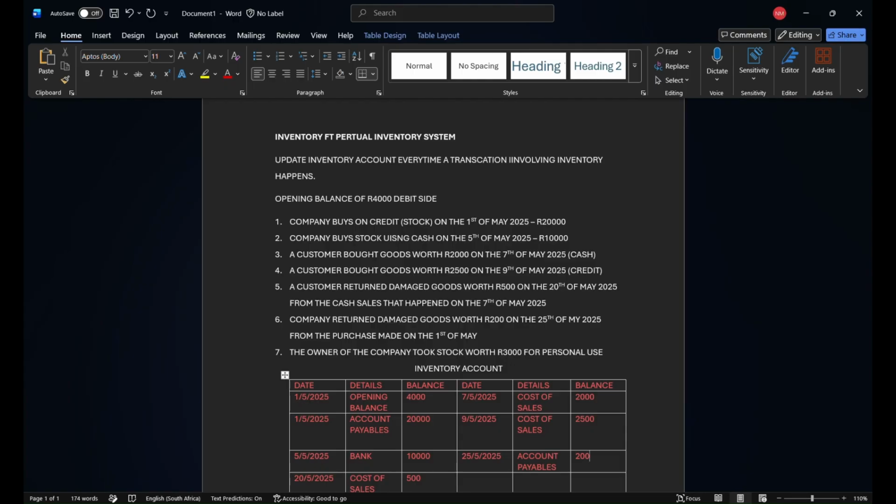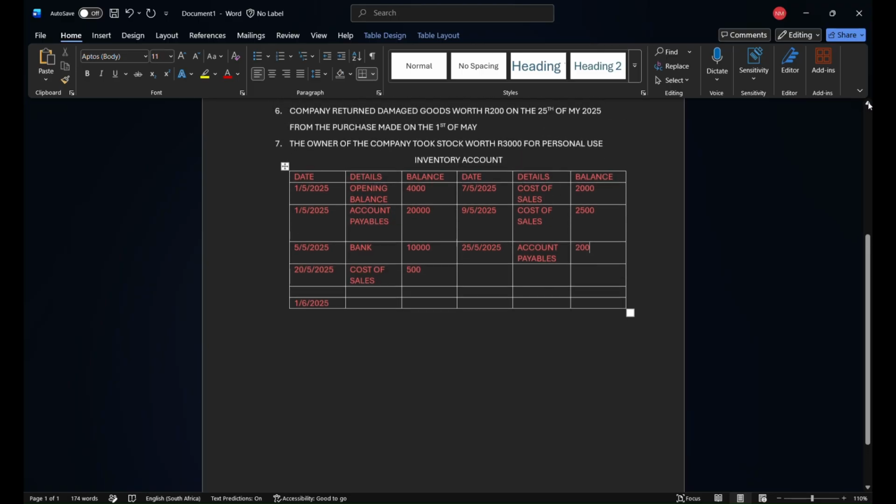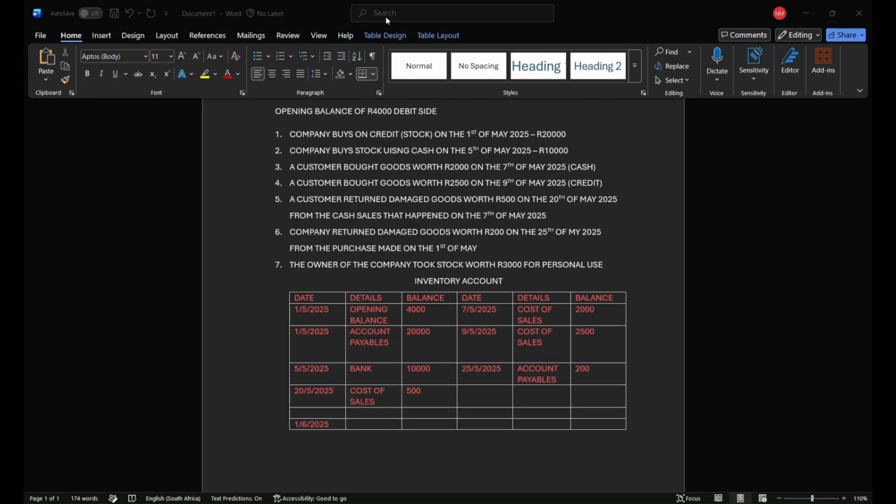And then transaction number 7, the owner of the company took stock that is worth 3,000 rand for personal use. Stock is still decreasing. The owner is taking stock, but the owner is not going to pay. It's just being made known that this owner took it for personal use.